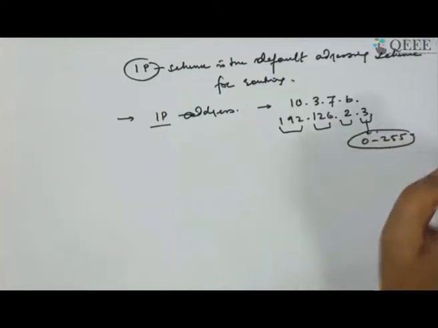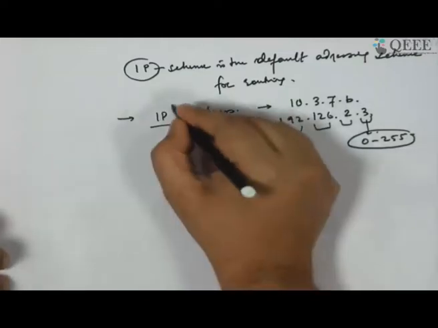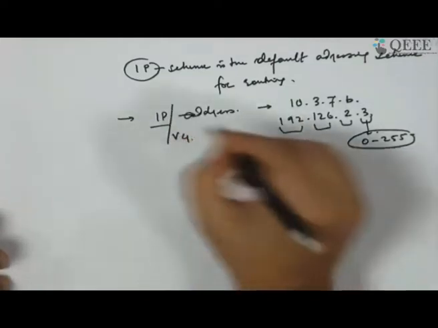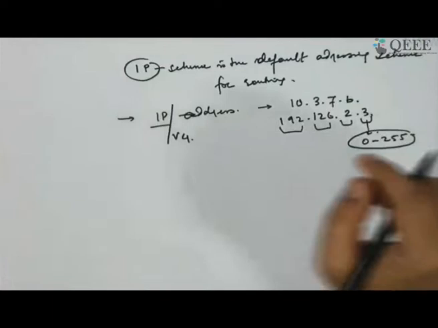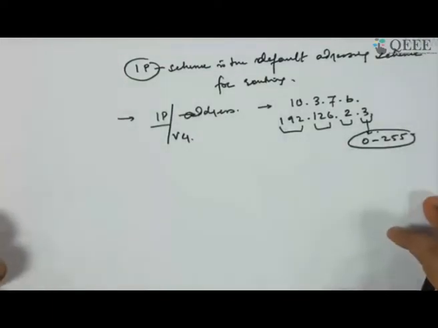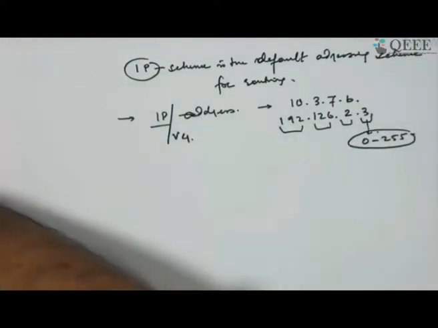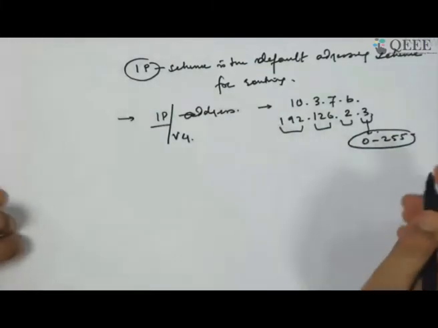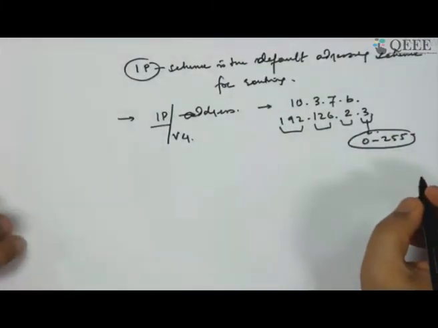So what type of addressing scheme is this? This is what we normally call the IPv4 addressing scheme.